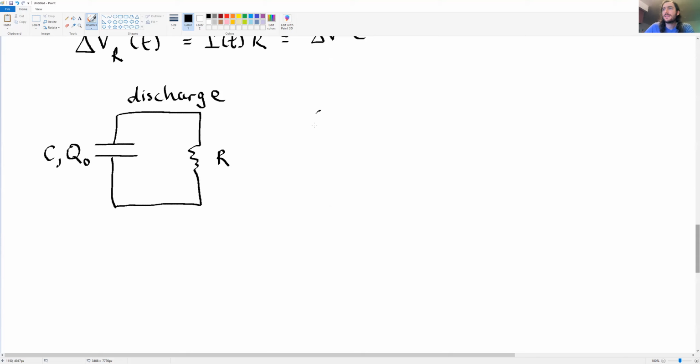Okay, so in this case, the charge as a function of time for the capacitor is going to be in terms of Q0, so the initial charge, and the charge has to decrease as a function of time. So it's going to be Q0 e to the minus t over tau. I take a derivative of this thing, right, and I see that, of course, if the charge is not being driven by a voltage source, then the current must also decrease over time.